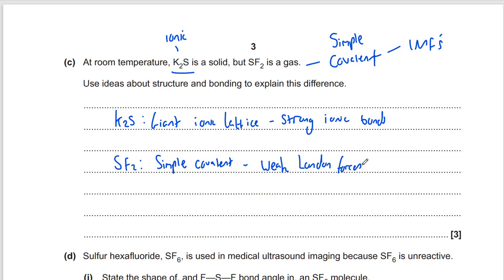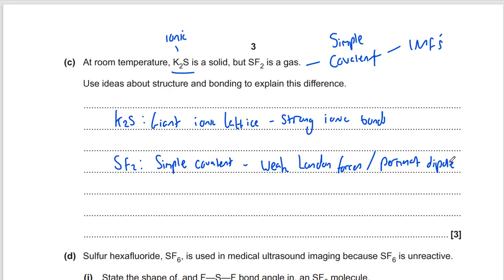Technically it does have both, so that's why they accept both. Remember, every single simple covalent has London forces. In this instance, because SF2 is not symmetrical, it does have a permanent dipole. However, it doesn't matter which one you say because both are weak, so it's irrelevant.